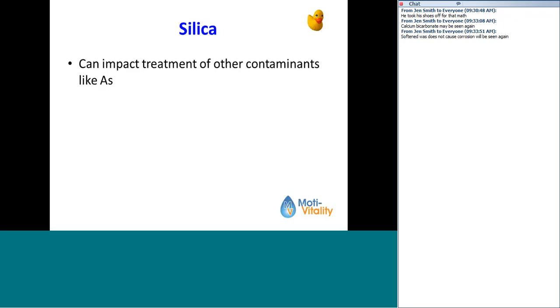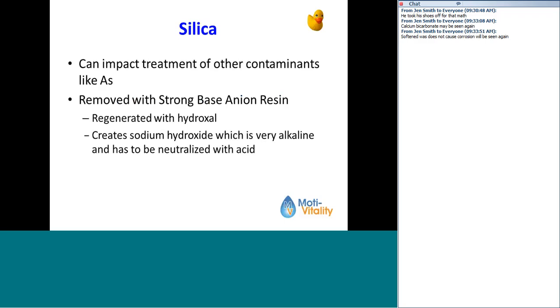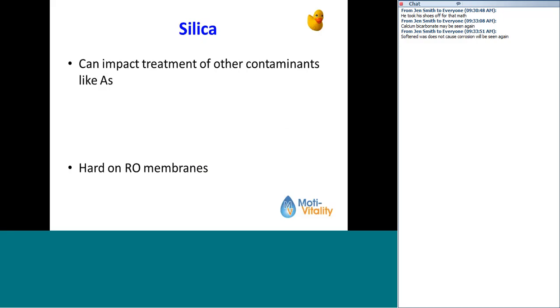But typically, on residential water treatment, it's not going to have a big impact. You can remove it with a strong base anion resin that's regenerated with hydroxyl, and it creates sodium hydroxide, which is very alkaline and has to be neutralized with an acid. Like I said, it's hard on reverse osmosis membranes.